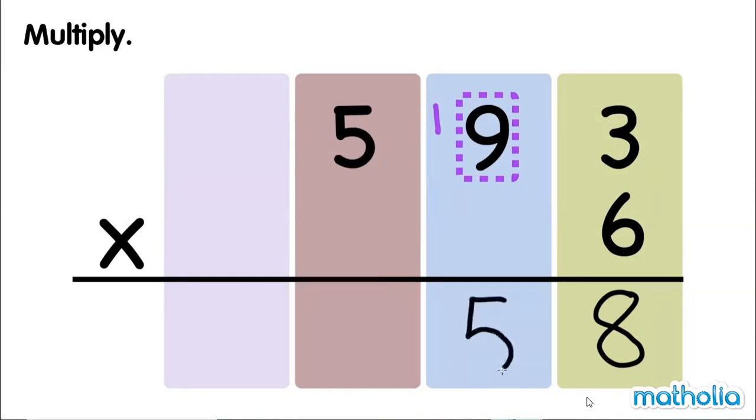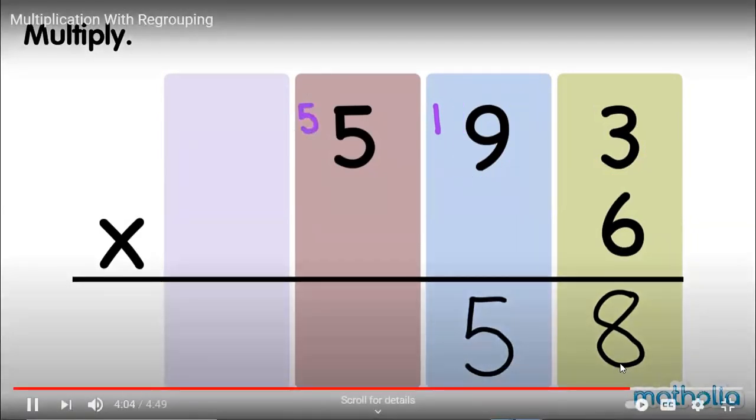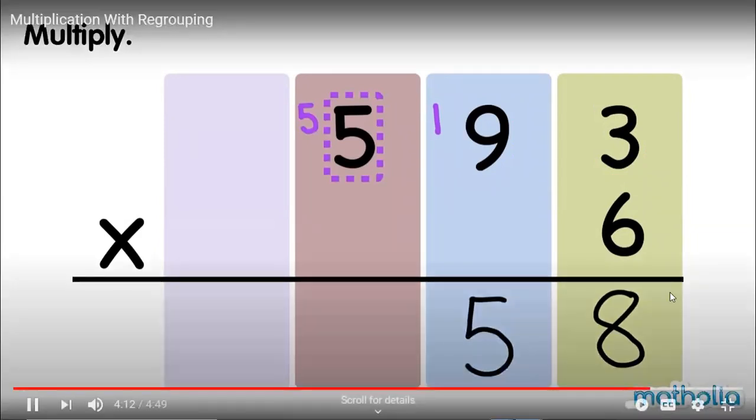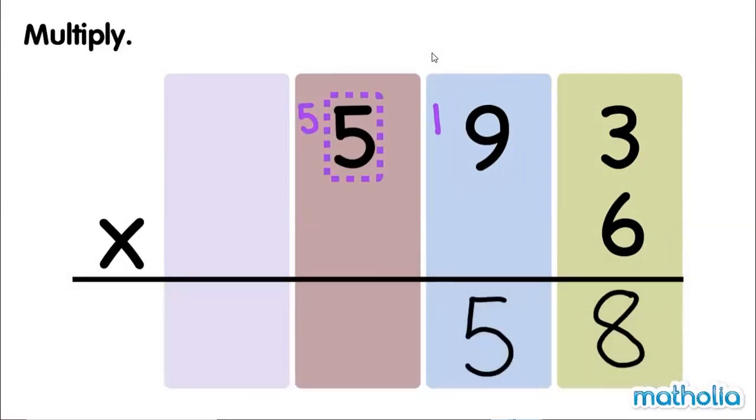Regroup 55 tens into 5 tens and 5 hundreds. Multiply the hundreds by 6 and add the regrouped hundreds. 5 hundreds times 6 equals 30 hundreds. 30 hundreds plus 5 hundreds equals 35 hundreds. Regroup 35 hundreds into 3 thousands and 5 hundreds. 593 times 6 equals 3,558.